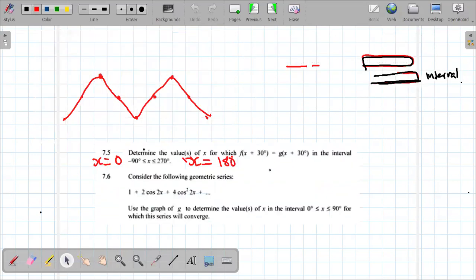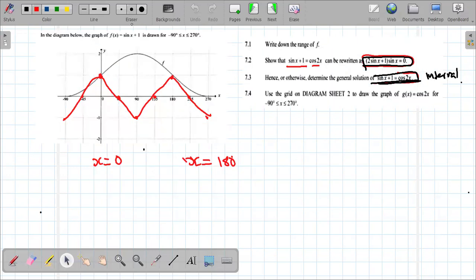They want to know for which values of x g of x plus 30 equals f of x plus 30. Okay, listen to me. Ignore these two. If I cancel these two, they want where g of x equals f of x.